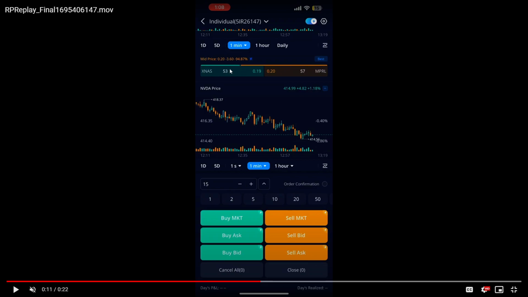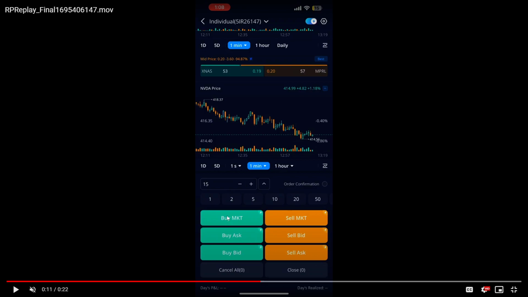Sorry, I'm not even going to fix that. When you sell market, you're getting filled instantly at the bid price. When you're buying market, you're getting filled at the ask price, instantly.